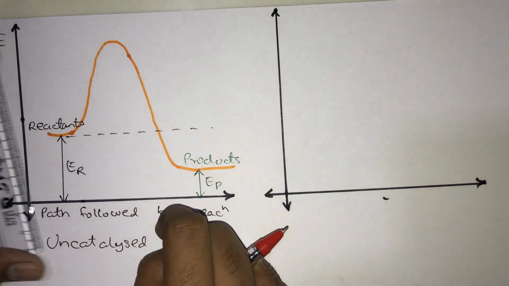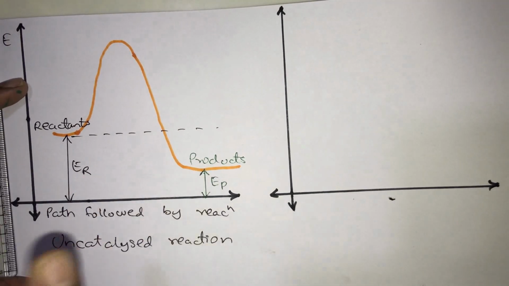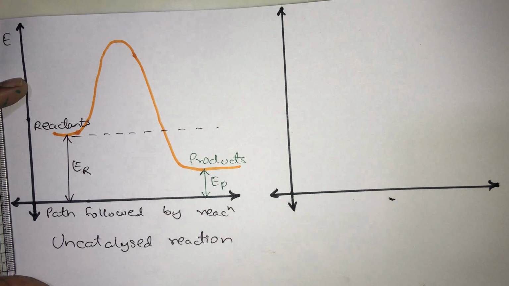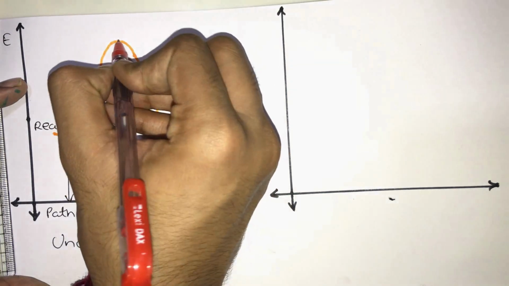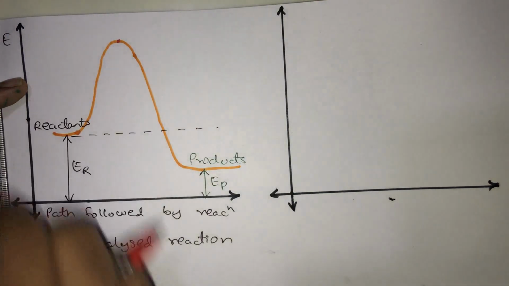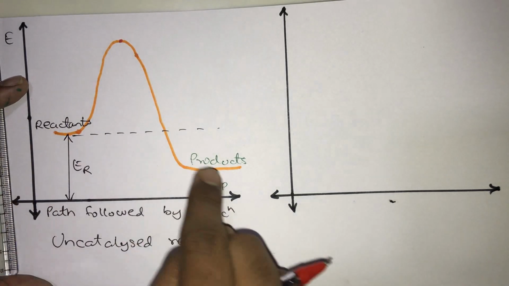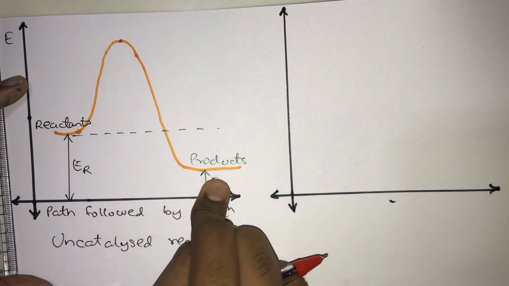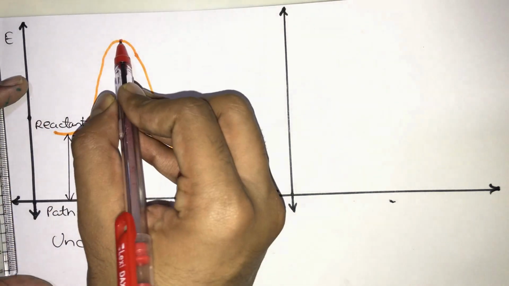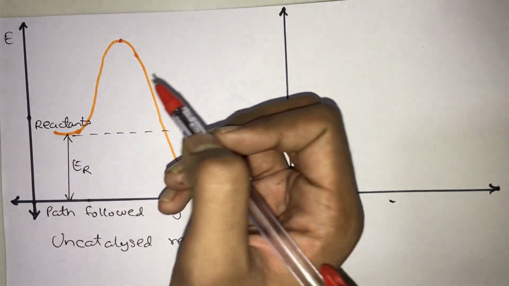Now, if someone asks you, at which point do we have maximum energy? Then obviously your answer will be this. At this point, there is a maximum energy. And if the reactants want to get converted into products, then they must at least have this much amount of energy.